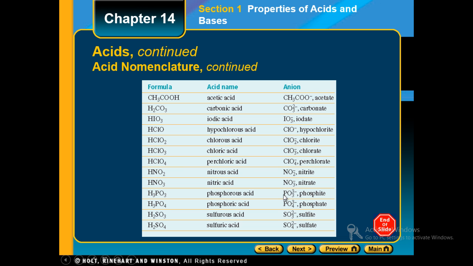Phosphite gives PO3 with a -3 valence, and we have a -3 valence also here, but we have 4 oxygen atoms, so it's a phosphate. Phosphite gives phosphorus acid, and phosphate gives phosphoric acid. The same with sulfite and sulfate, sulfurous acid and sulfuric acid.